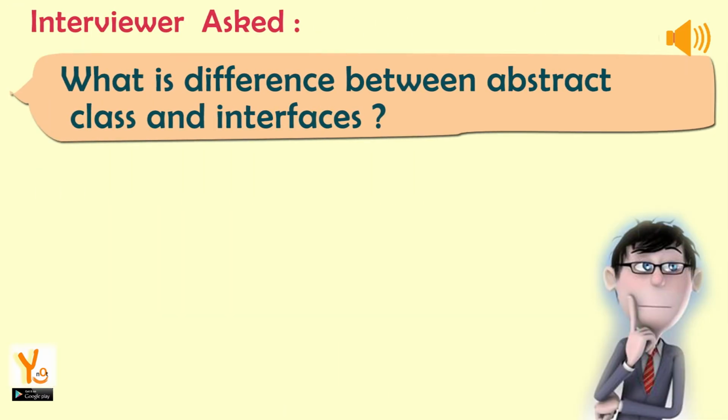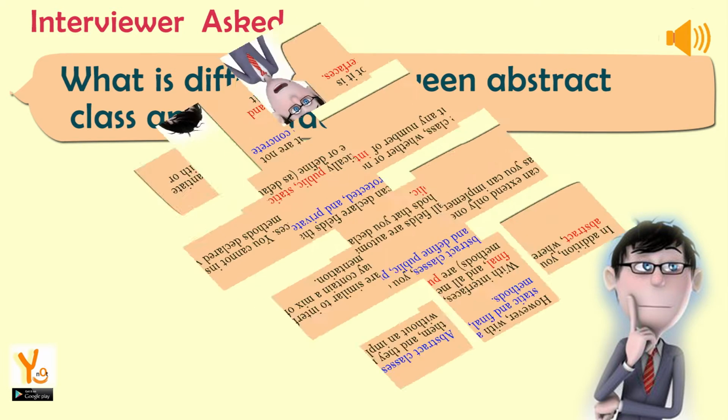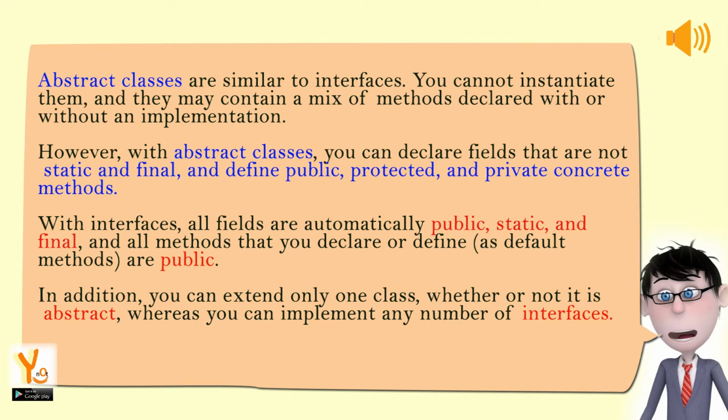What is the difference between abstract class and interface? Abstract classes are similar to interfaces. You cannot instantiate them, and they may contain a mix of methods declared with or without an implementation. However, with abstract classes, you can declare fields that are not static and final, and define public, protected, and private concrete methods.